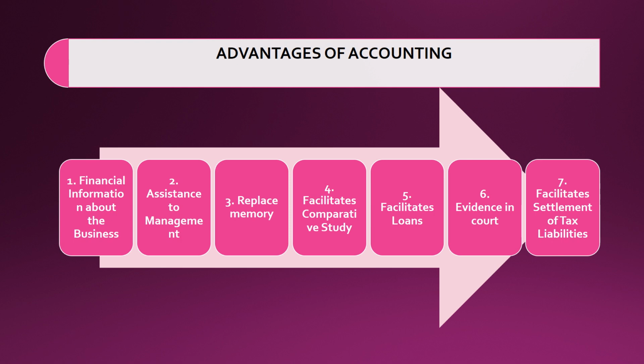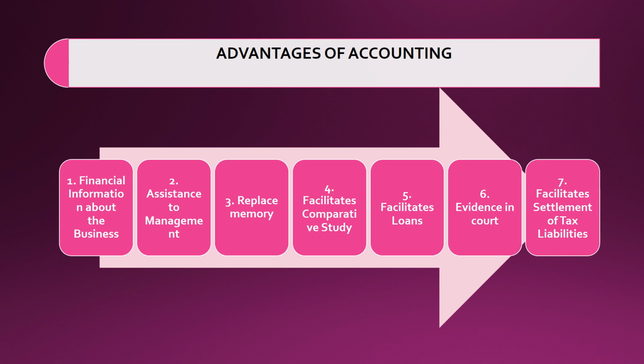As the expenditures reduce, the cost will reduce. So every manager is interested in knowing from the accounting records which areas require a reduction in expenditure and cost. This way the accounting provides assistance to the management.